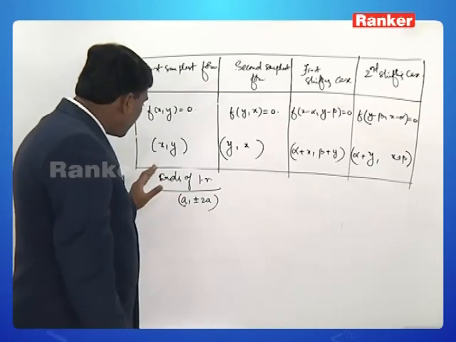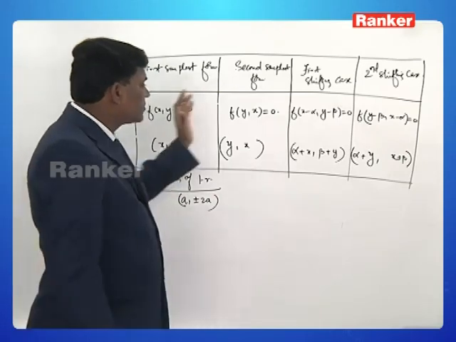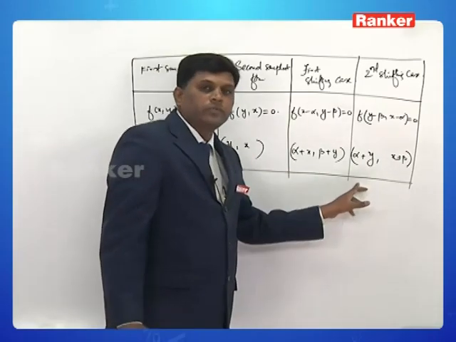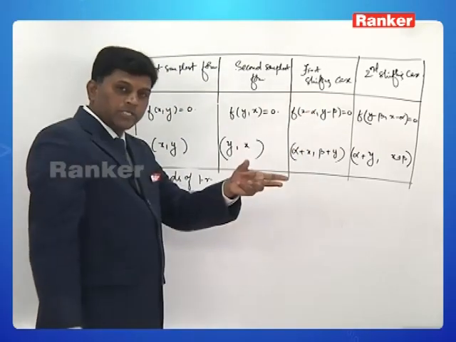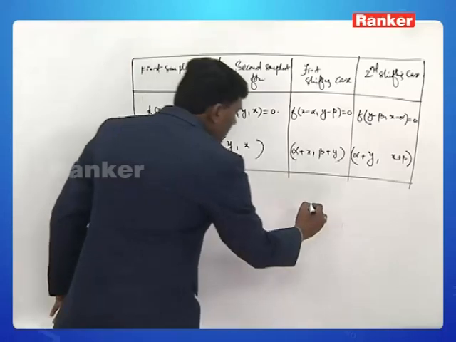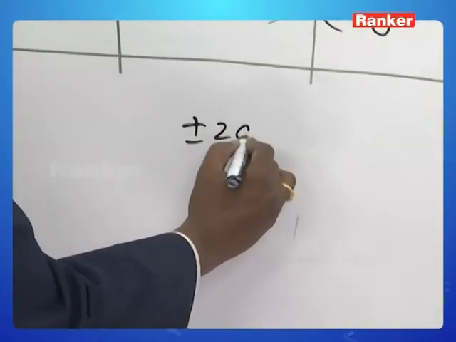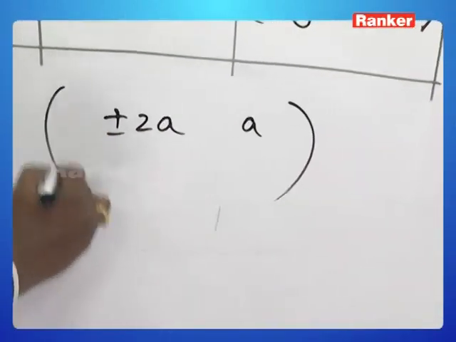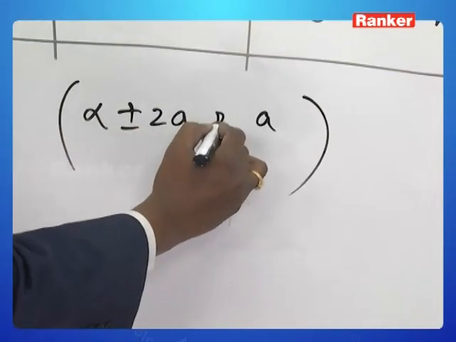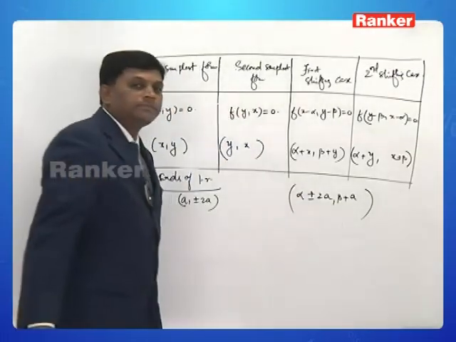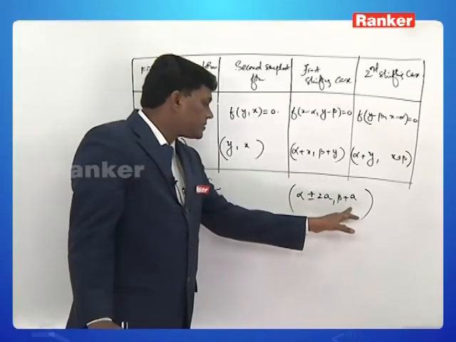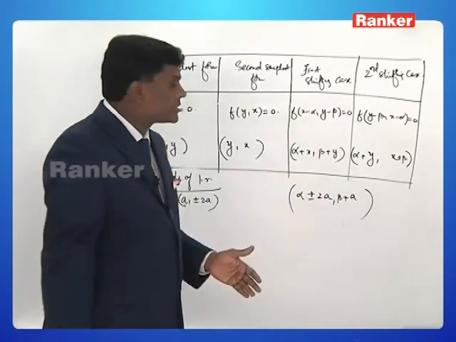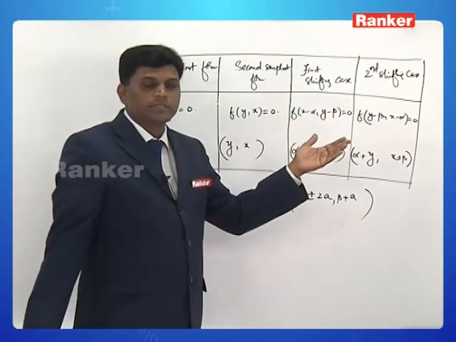Now, if you want the ends of the latus rectum for the last form, the second shifting case, I told you to use interchanging first, then it becomes plus or minus 2a and a, then these are added by alpha and beta. So, alpha plus or minus 2a and beta plus a are the ends of the latus rectum for the second shifting case.